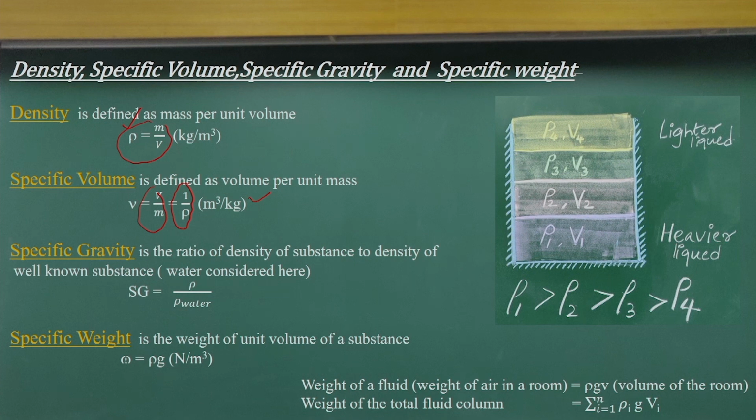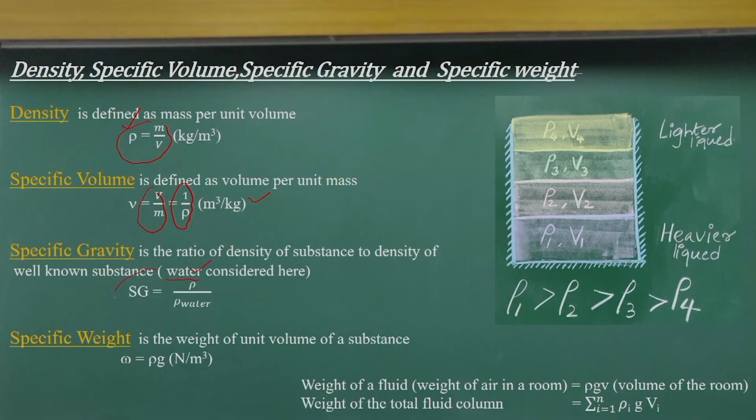I will focus more on liquid. We consider the reference liquid to be water. That means we look at the ratio of the density of a liquid to the density of a reference liquid, which here is water, and that gives us the specific gravity or relative density.